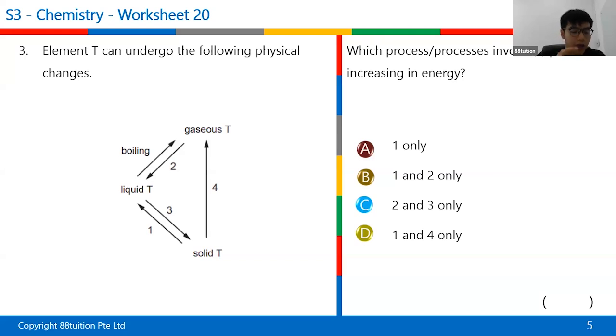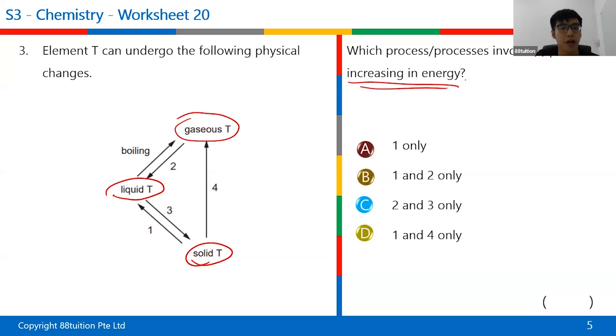Now we move on to the next chapter, which is kinetic particle theory. Element T can undergo the following physical changes between solid, liquid, and gas. Which of the process or processes involve the particles increasing in energy? Come, try.